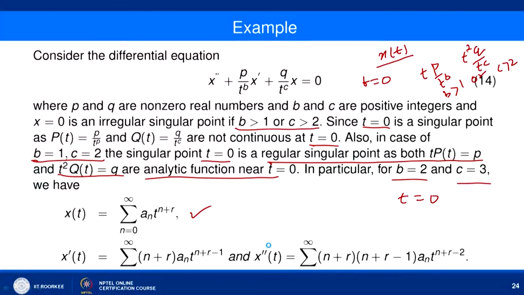Now I am leaving it to you that here I am assuming that B is equal to 2 and C equal to 3. Now, I simply say that if you take B equal to 3 and C equal to 4, in that case you will not have any solution of the form of Frobenius series.